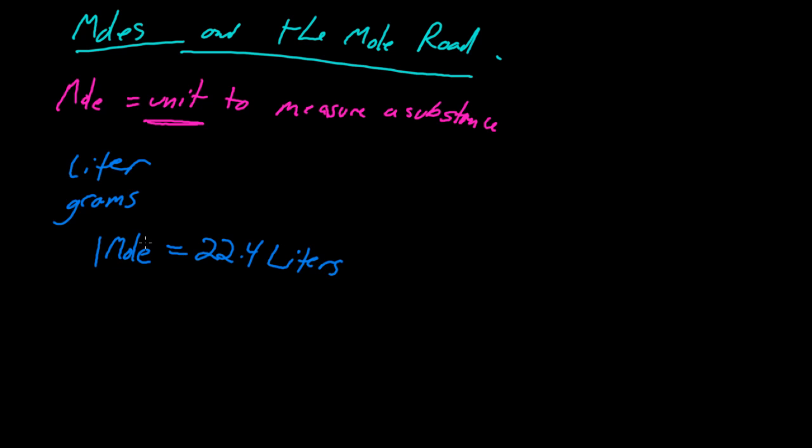Whenever you have 1 mole of any substance, it could be anything, as long as you're at standard temperature and pressure, which for basic chemistry, most questions will be, 1 mole will always be equal to 22.4 liters of that substance.